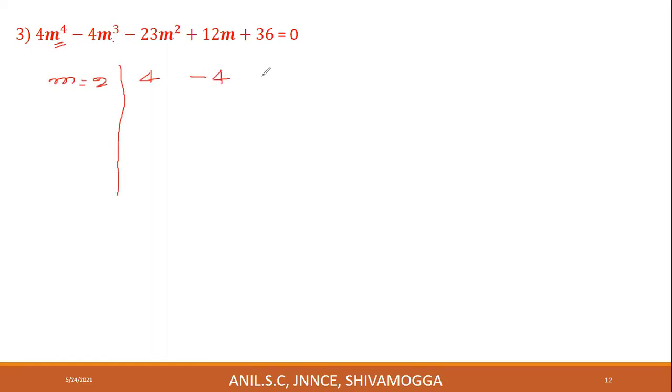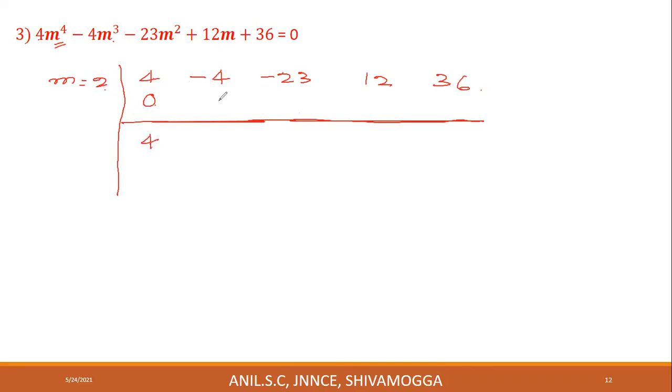Next the m square coefficient, minus 23. Next the m coefficient, 12. And last, 36. And here in the first position, always write 0. Add these two: 4 plus 0 is 4. Multiply these two: 4 into 2 is 8. Write it here, 8.